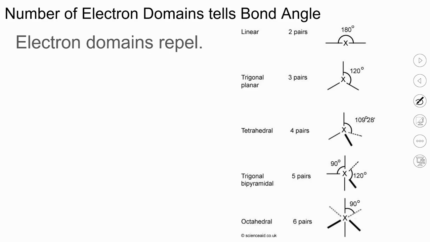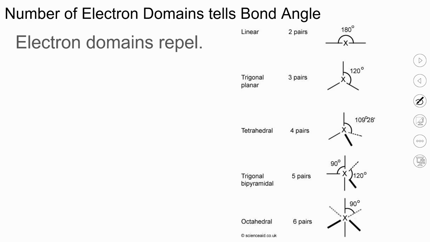Okay, so this one, I have 4 groups. This is called tetrahedral. They're going to try to space as far from each other as they can. If I put this flat, it's not quite planar on the bottom. These 3 groups around the bottom are getting pushed down by this 4th group. They're spacing out because the electron groups repel each other. No matter how you tip it, those electron groups on the bottom are getting pushed by that 4th group.